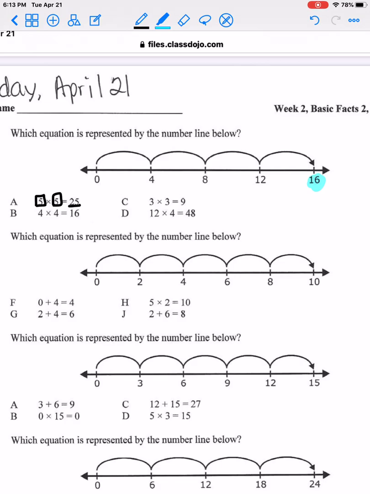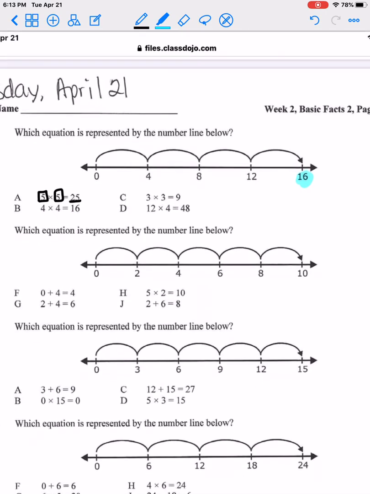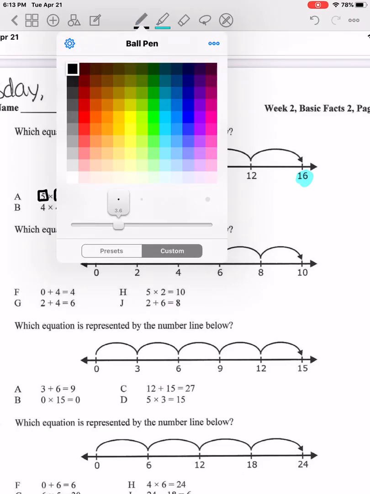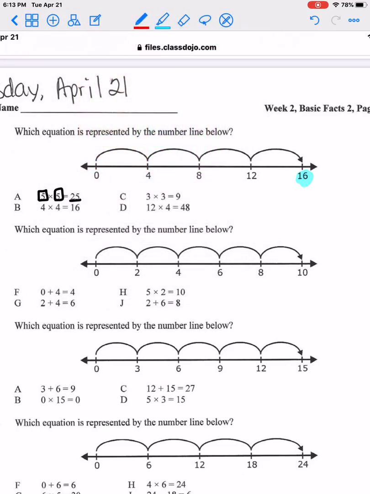How many times did I hop or skip to get to 16? Well, let's find out. Let me use a red so that we can see what I'm doing here. How many times? 1, 2, 3, 4. So that's 1, 2, 3, 4. So I already know that I have a 4 and I have a 16.